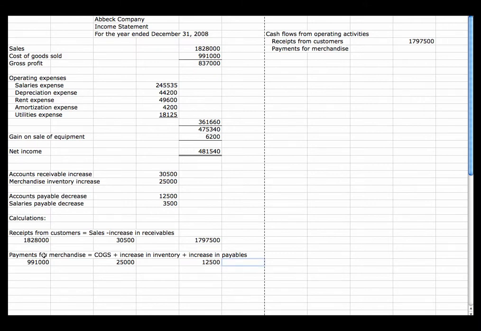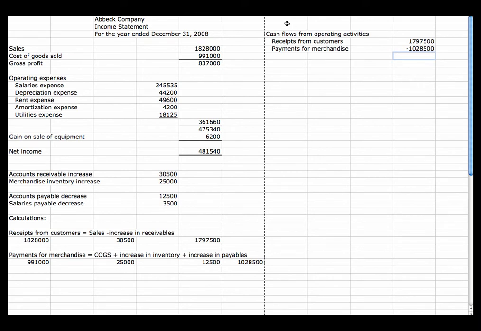So then I can put in a formula that says take my cost of goods sold plus my increase in inventory plus my increase in payables. I get 1,028,500. Now, a payment is going to decrease cash. So therefore, we're going to put this in as a negative number, 1,028,500 as a negative number.